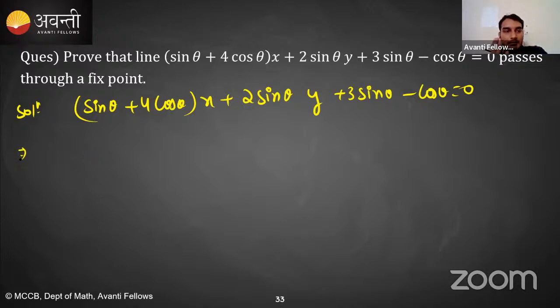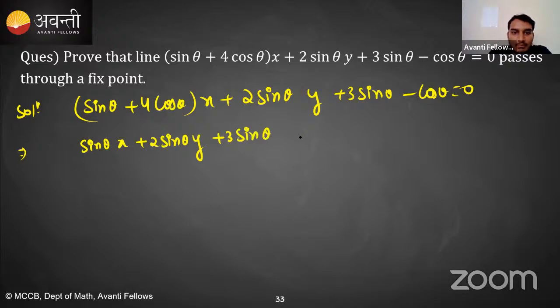Whenever you get a situation where lines are passing through a fixed point, you should always look for a pattern like L1 plus lambda times L2 equal to 0. So what is this? Sin theta into x plus 2 sin theta into y plus 3 sin theta, plus 4 cos theta into x minus cos theta is equal to 0.